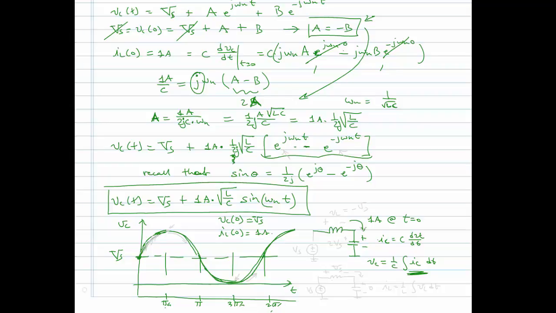And it makes sense even without thinking about the VI relationship if we simply remember that when you deposit charge onto the positive plate of the capacitor, voltage increases. And that is what we see in this region here.